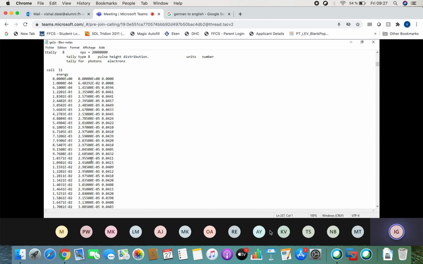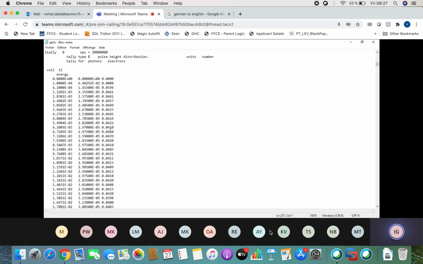And the last column here is the uncertainty, so the sigma, the standard deviation of the count number, and it is expressed in percent. Is it clear? So for instance, if I look at the second result, you have a bin between 1 10 to the minus 4 MeV up to 6.1 10 to the minus 4 MeV.